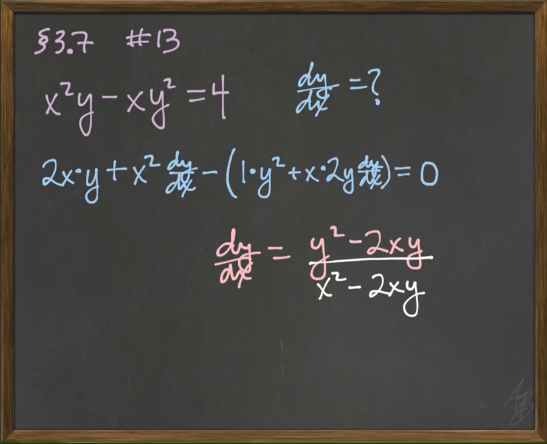So then how do we answer the question? The question was, where is it defined, which is the opposite of where is it undefined. So how do we figure out where this derivative is not going to be defined? When is it not going to be defined? When the bottom equals 0, right? So it's going to be undefined anytime.